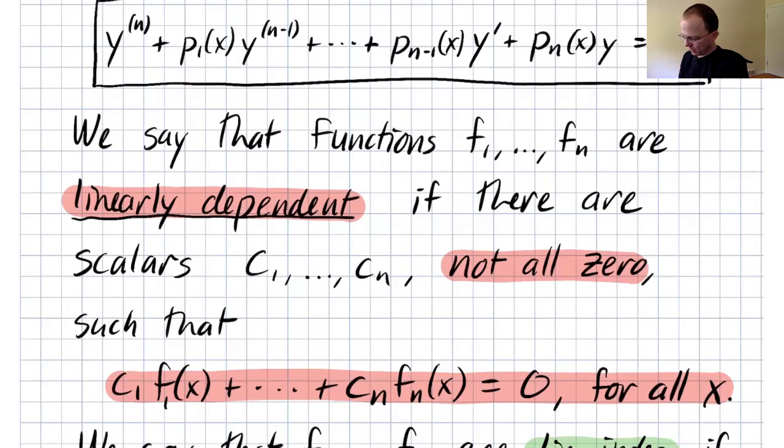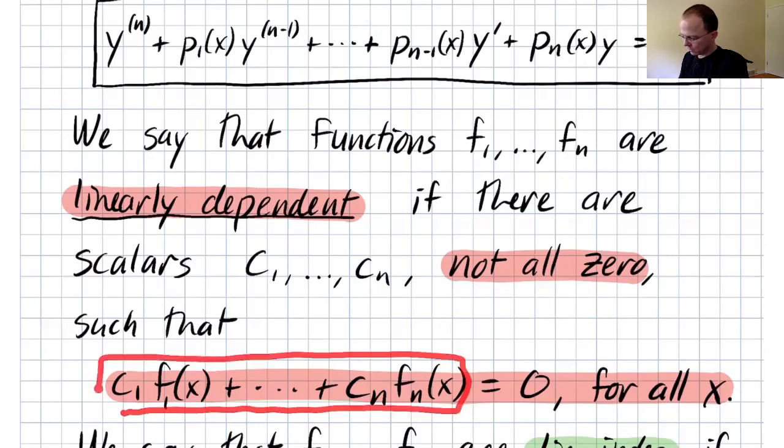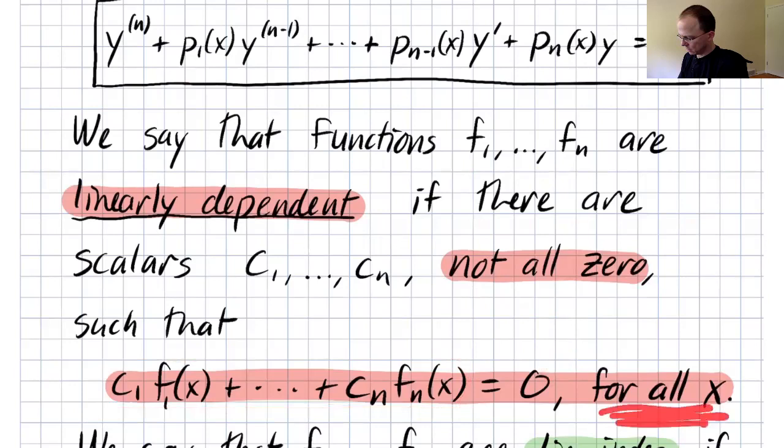if there are scalars c1 up to cn, and the important thing is that they're not all zero, such that this linear combination of these functions is equal to 0 for all x.